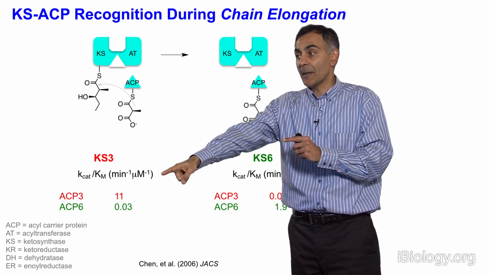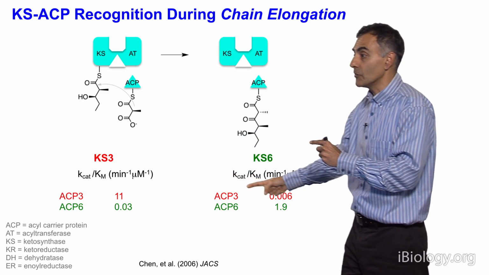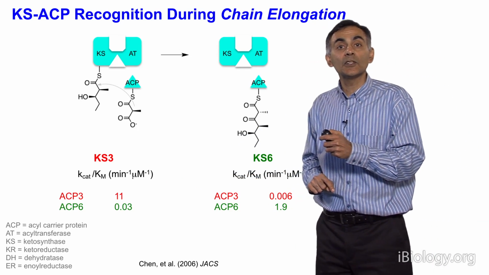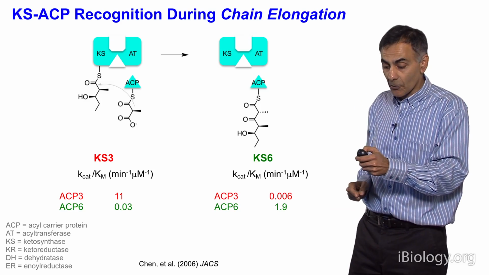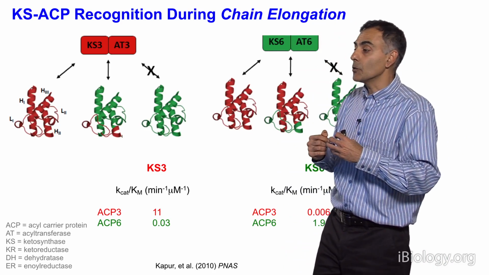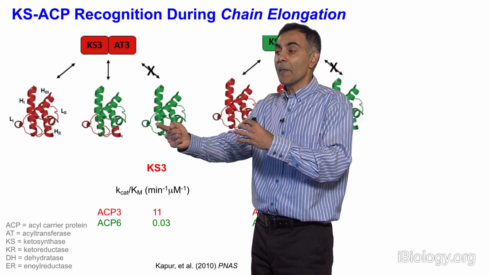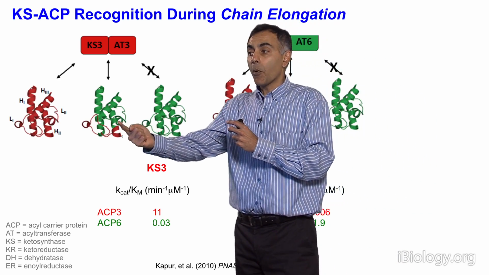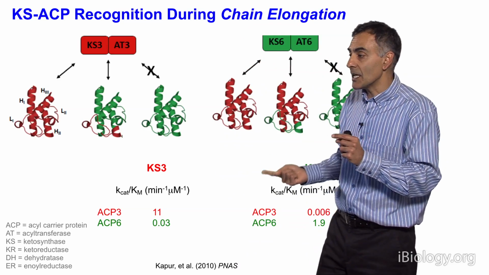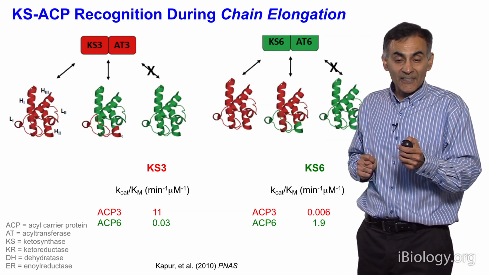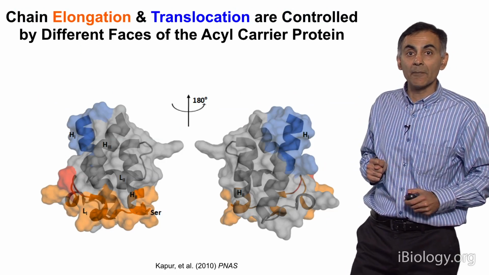And what you see is, depending on which module you use, you can have big effects on the specificity constant over here, as Alice Chen showed in these experiments. You can use the same kind of approaches that Chaitan Khosla used to make chimeric carrier proteins and show which portions of these carrier proteins play a critical role in dictating this specificity that is measured in these parameters.